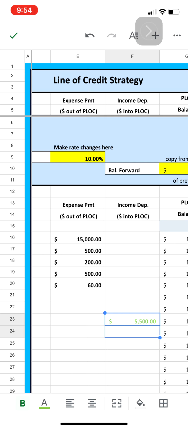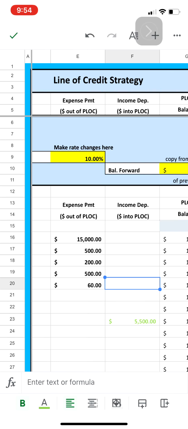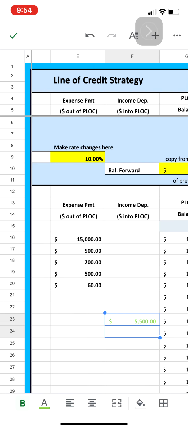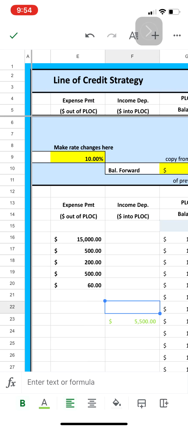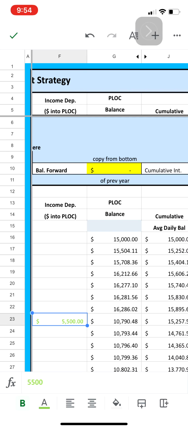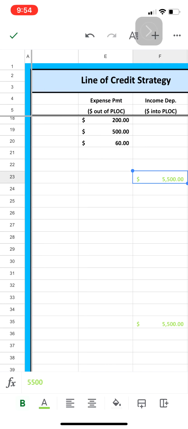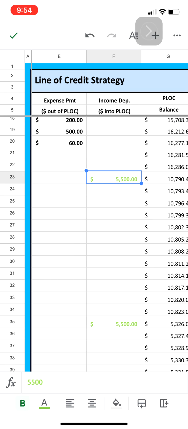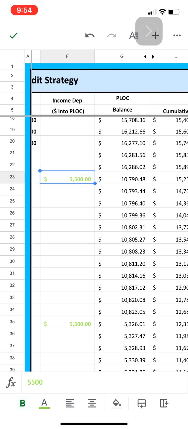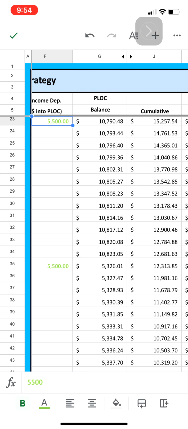to pay it back, right? The line of credit. Once you pay it back, the 5,500, it brings the balance down to 10,000, right? But the month is not over, and you're still gonna have expenses, and then you're gonna pay another 5,000.